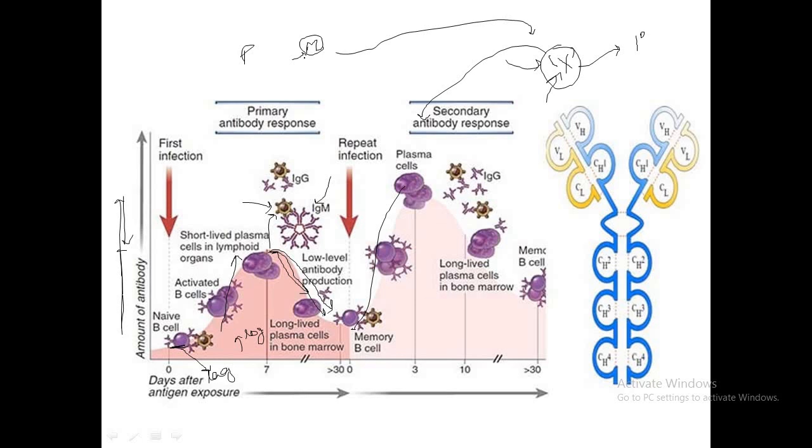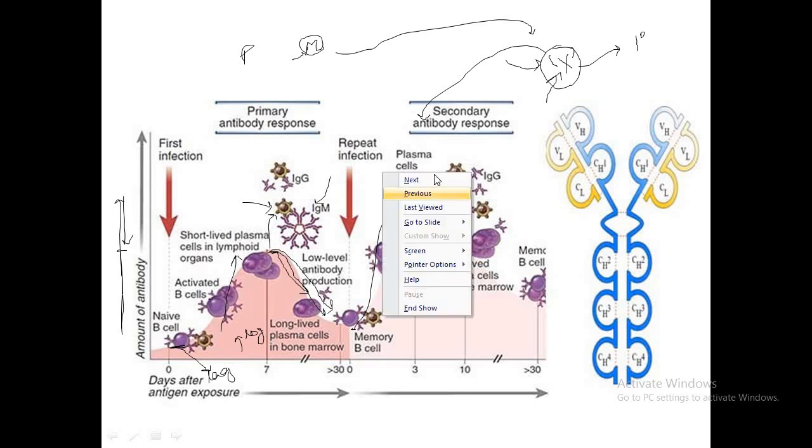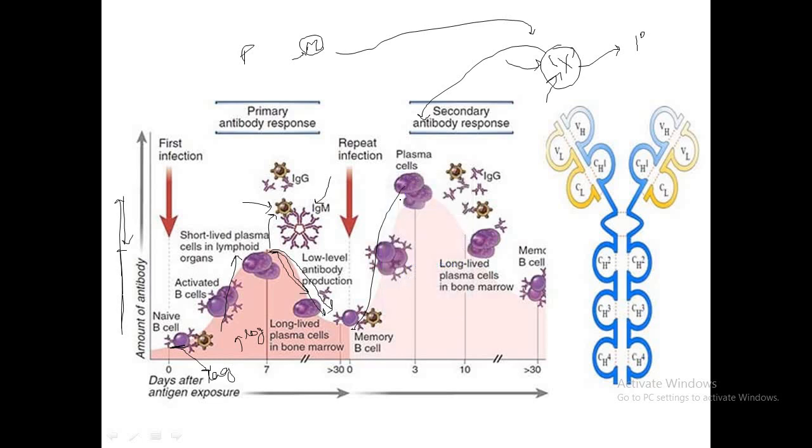And also the concentration is very high. The memory cells are produced in huge amounts and they are stored, and whenever they again encounter the antigen, they will start doing their job. So the concentration is very high, and there is a sharp increase in this antibody concentration range, and again they will bind.